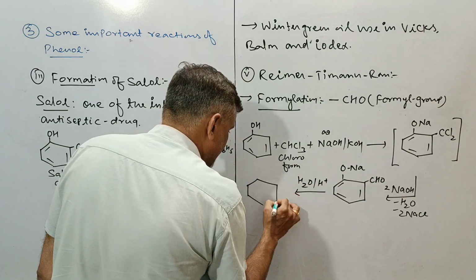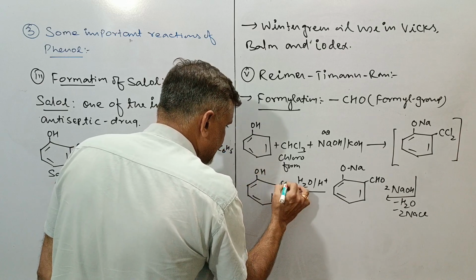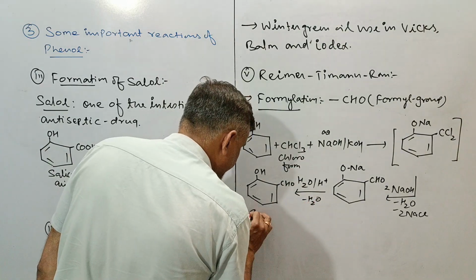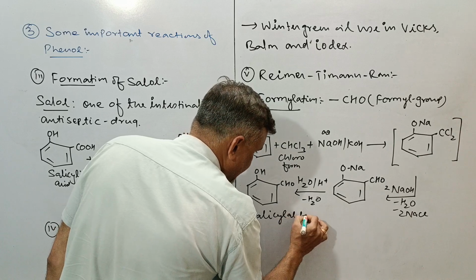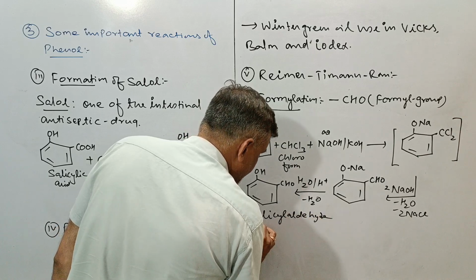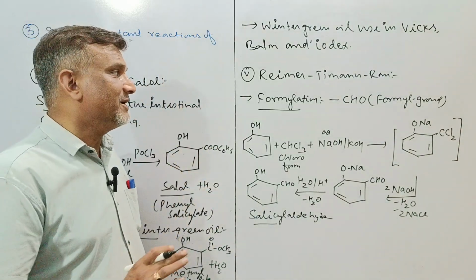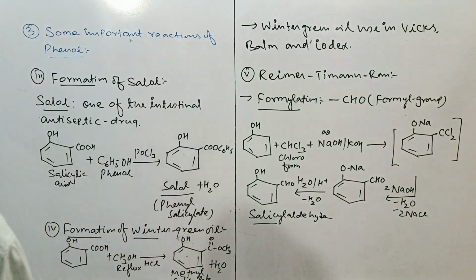Here will be formation of salicylaldehyde. This is the OH and CHO with the removal of H2, salicylaldehyde. This is also an important compound. So this was about the Reimer-Tiemann formylation reaction as a name reaction also.